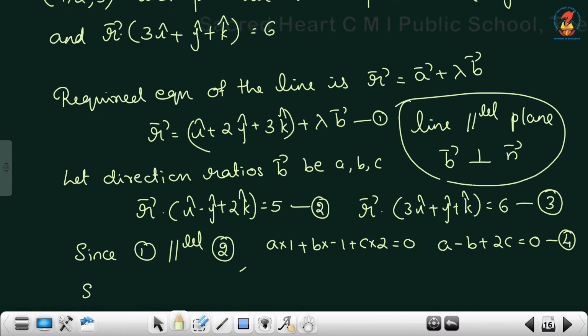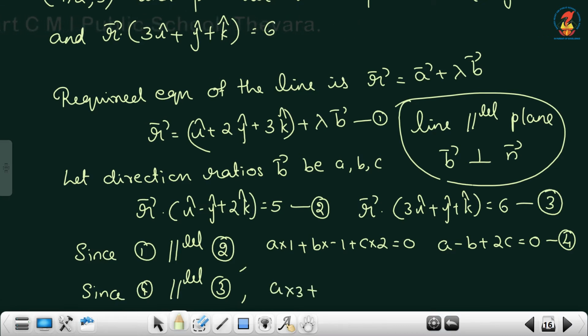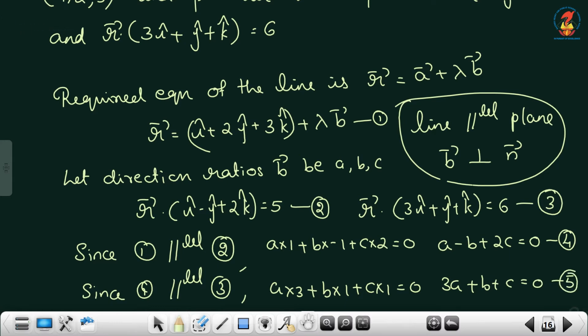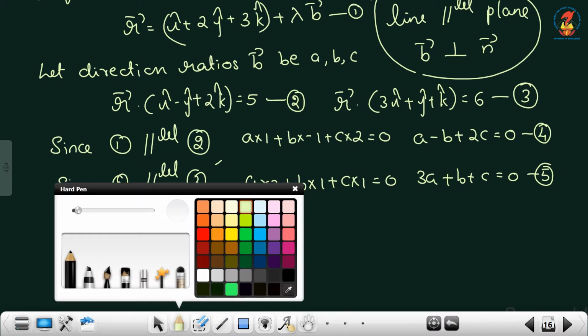Now again, since 1 is parallel to 3, again multiply: a into 3 plus b into 1 plus c into 1 is equal to 0. So 3a plus b plus c is equal to 0. So now we have to solve 4 and 5, 2 equations and 3 unknowns.